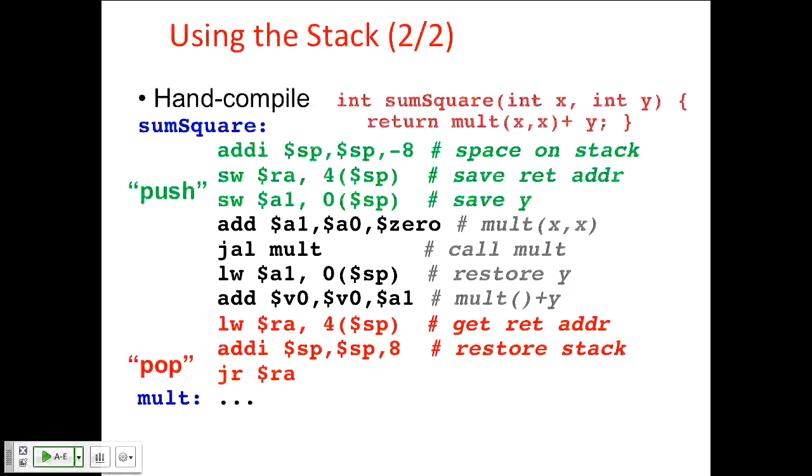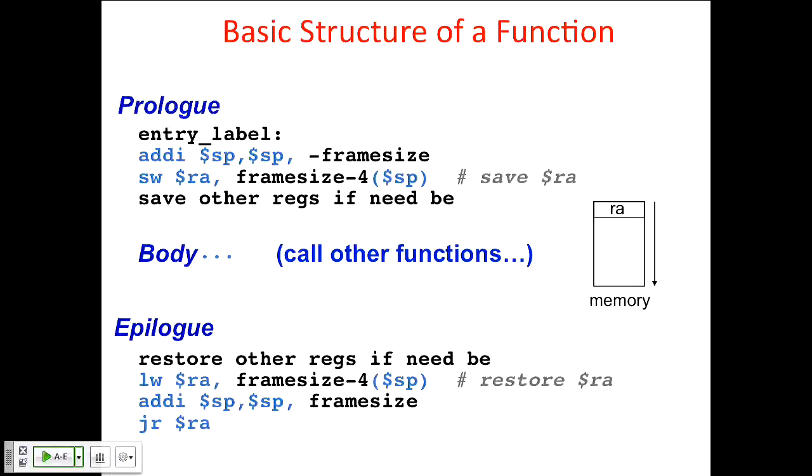So then I can use mult as a placeholder for that address in program memory. So at the start of every function, you can have its name with a colon, and that's going to be a label any other function can use to call this function. It's going to know that's where it lives. Then there's going to be allocation of the stack frame. So the first thing you do is the actual instruction you execute.